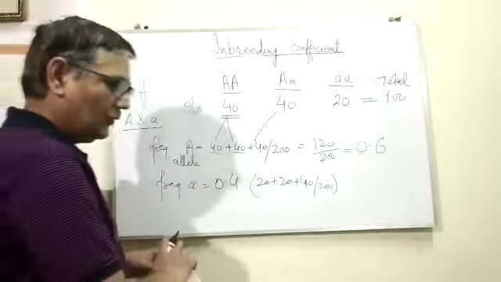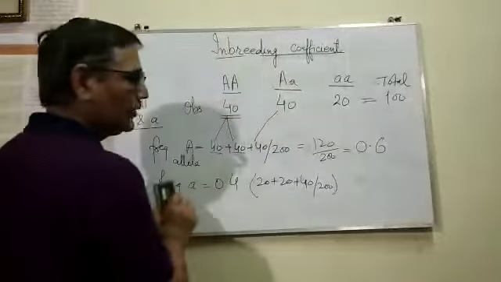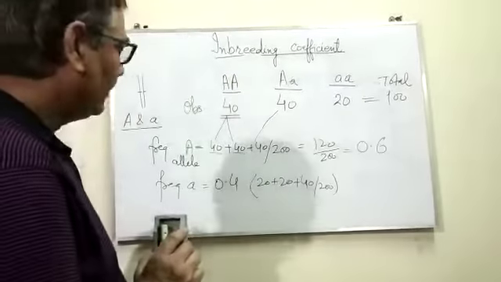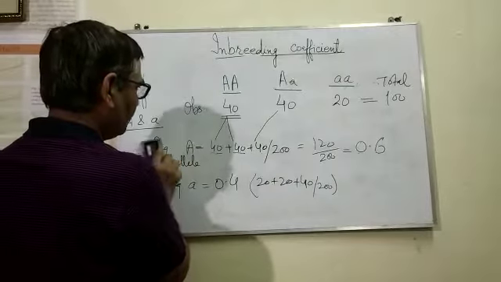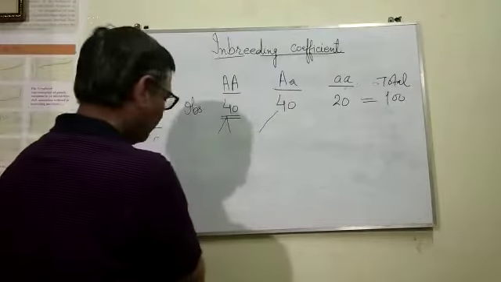So when we have the frequencies of capital A and small a alleles, then we can calculate expected heterozygotes. How will this be done?